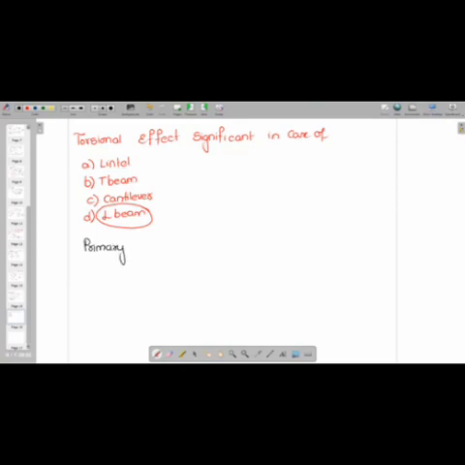Primary torsion or statically determinate torsion. Sir, why is it not the T-beam?